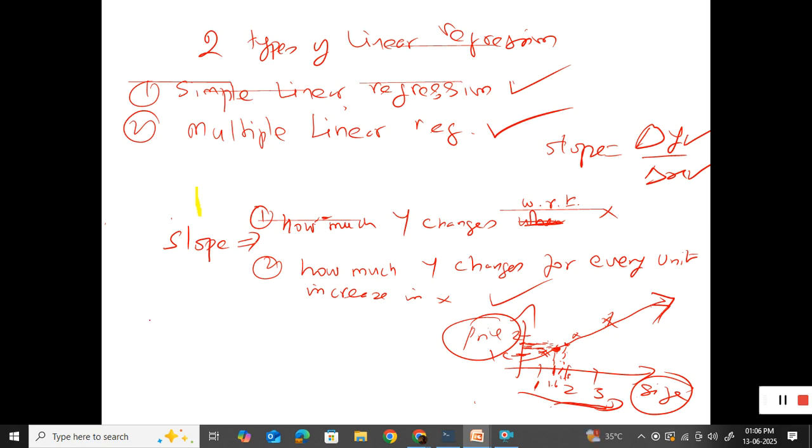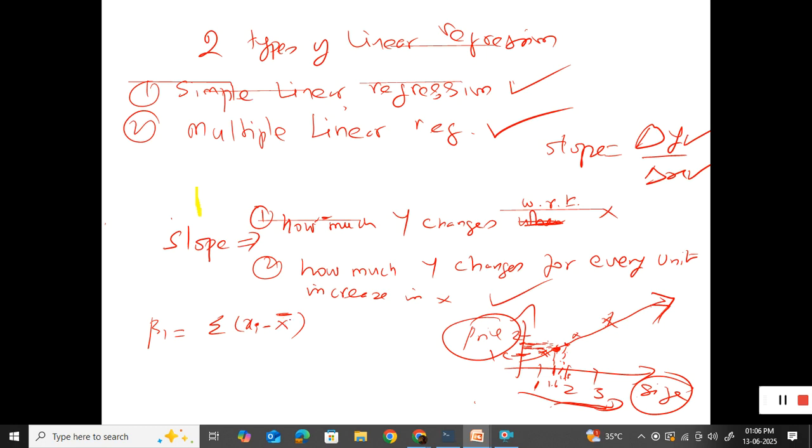For beta 1, the notation we use for slope, it is the sum of xi minus x bar. So x bar means mean. If you find a line on top of it, that means mean of x.